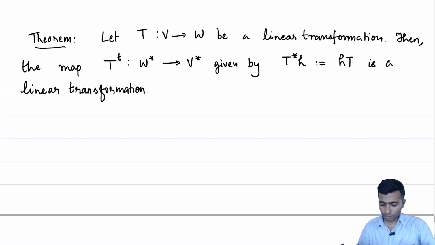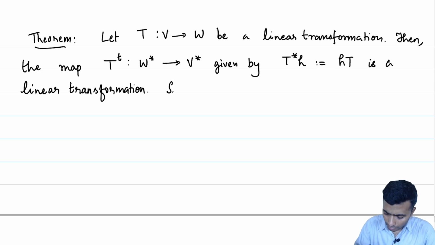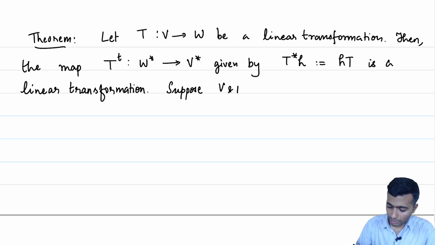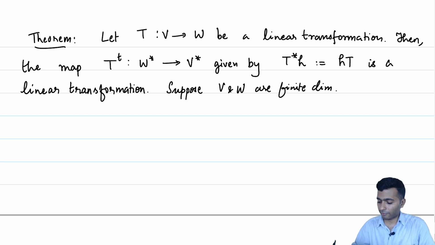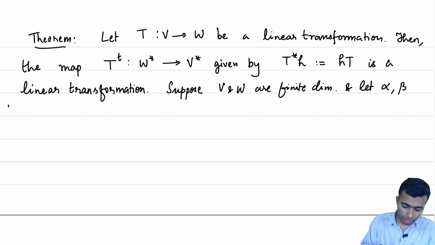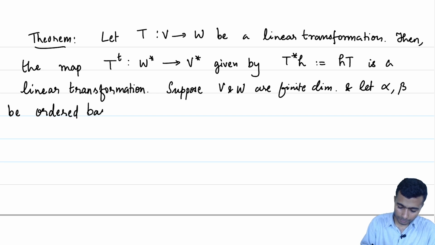But now let us consider the case when V and W are finite dimensional. Suppose V and W are finite dimensional, and let alpha, beta be ordered bases of V and W respectively.